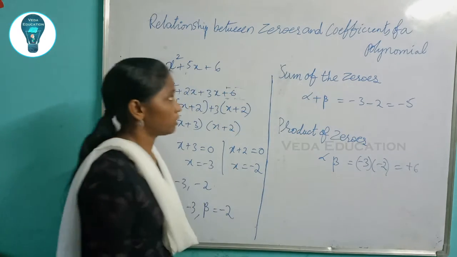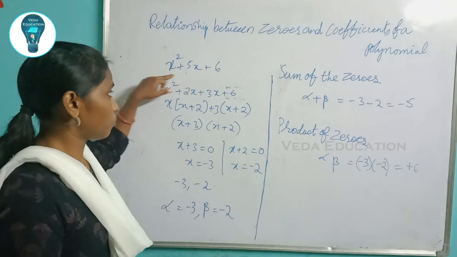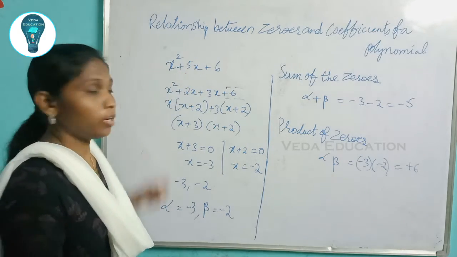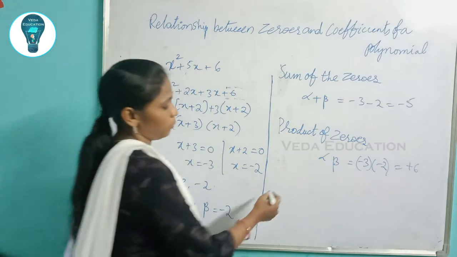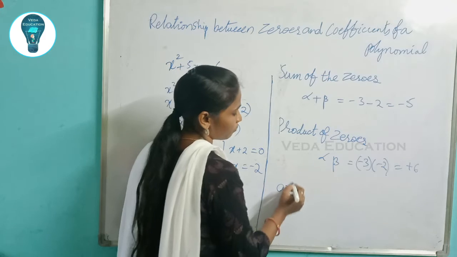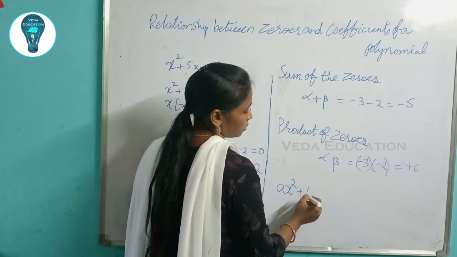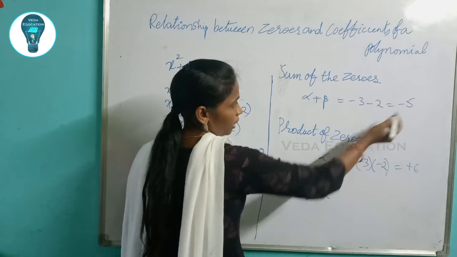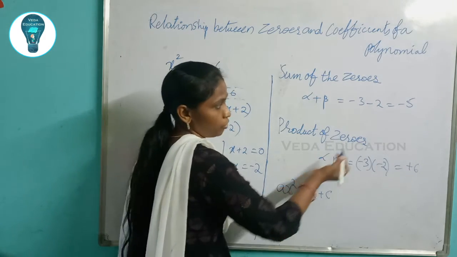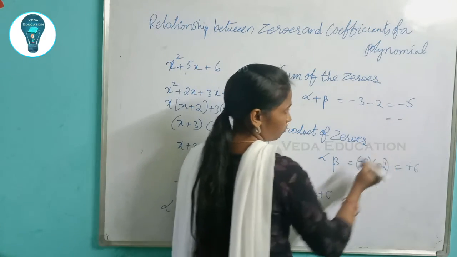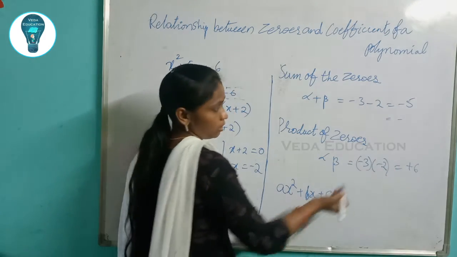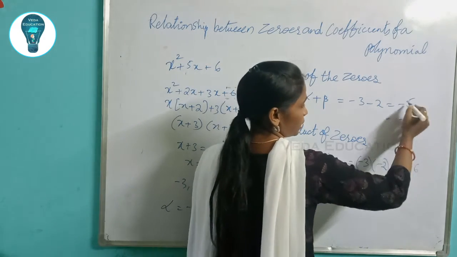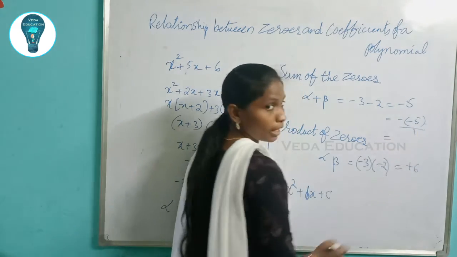Now check the given polynomial, where we will get 5. The general form of a quadratic polynomial is ax square plus bx plus c. Here the 5 is the coefficient of x, so b. We got minus 5, so minus of minus 5 is b. The denominator is not there, so you can take 1.